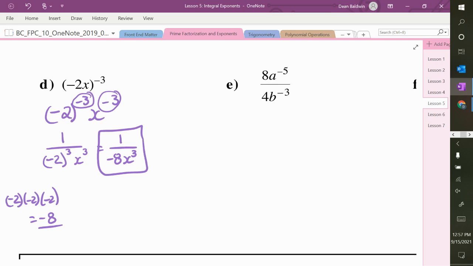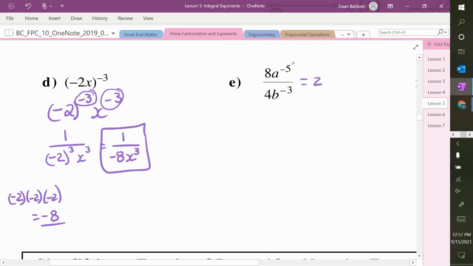All right. E. 8a to the negative 5 over 4b to the negative 3. What's 8 divided by 4? 2. Can you do anything with the a's and the b's? You can't. So how do I make those exponents positive?